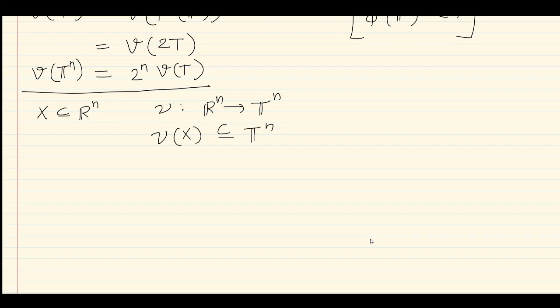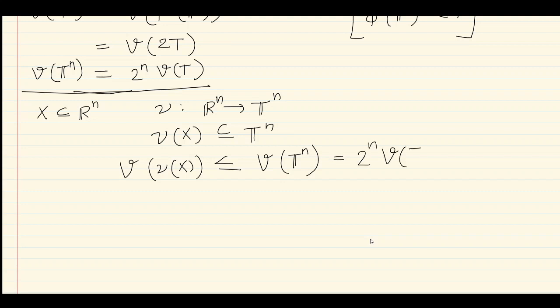Now if we take the volume, the volume of mu of X will be less than or equal to the volume of T^n, which is 2^n times the volume of T.